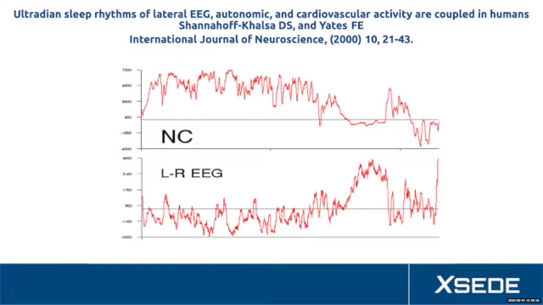This is a study that was published in 2000 in the International Journal of Neuroscience, titled Ultradian Sleep Rhythms of Lateral EEG, Autonomic, and Cardiovascular Activity Are Coupled in Humans. Now, what I did here is that we plotted the nasal cycle, the top part, inversely compared to before.